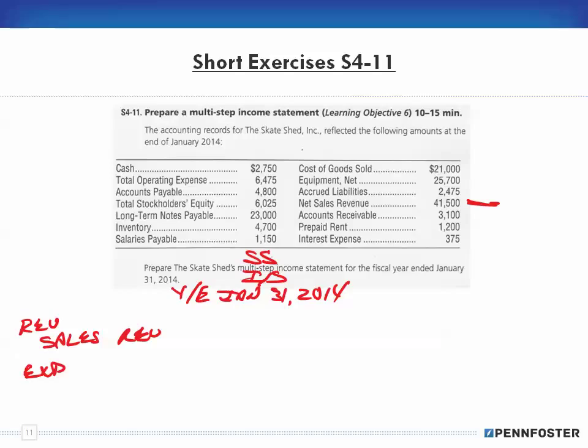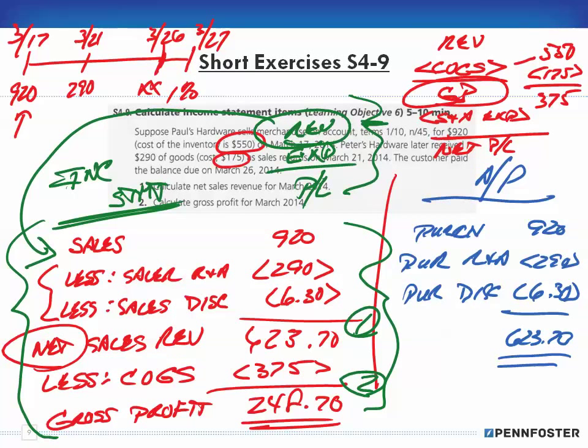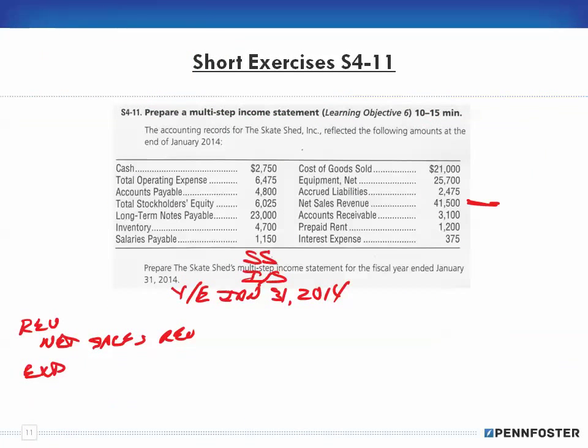Now I don't like that word net sales revenue, because as you saw from short exercise 4-9, go back and watch that for my explanation about what I think about this net sales revenue.